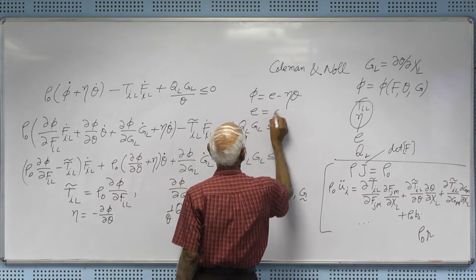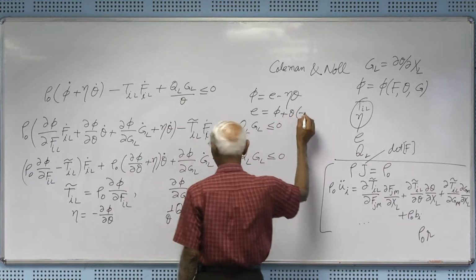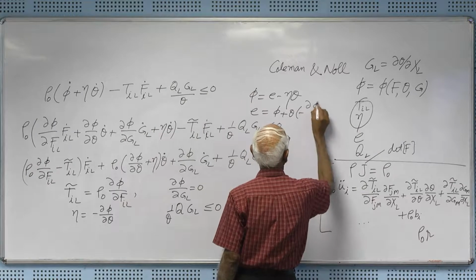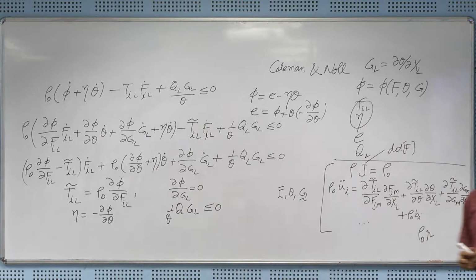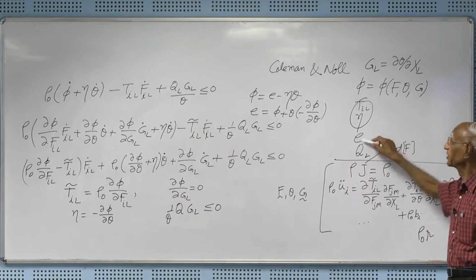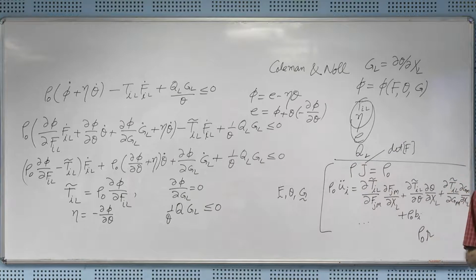Therefore, E is phi plus theta eta. So not only do we get these three, we get this one also. So the problem basically reduces to finding phi and finding q, the heat flux.